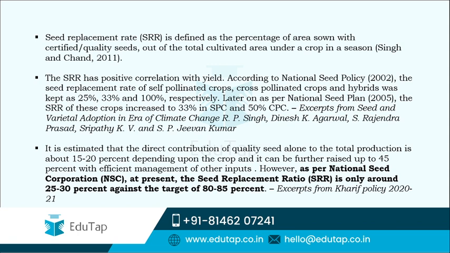Here, as I have mentioned, seed replacement is the percentage of area sown with certified or quality seeds. As per the National Seed Corporation, at present the seed replacement rate is only 25 to 30%, not 20 to 25, as against a target of 80 to 85%.